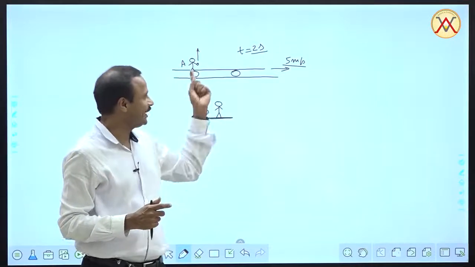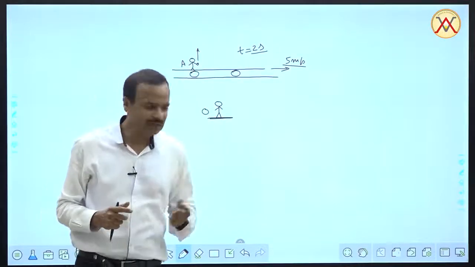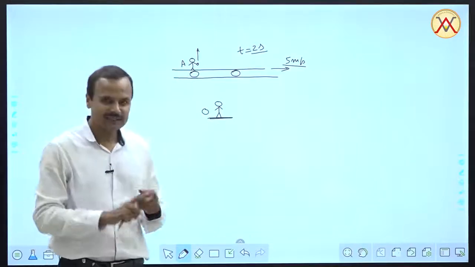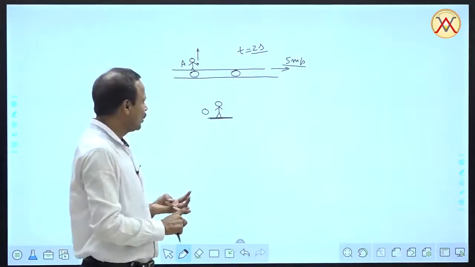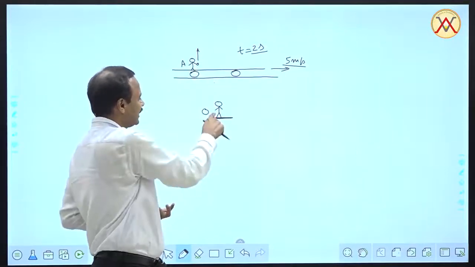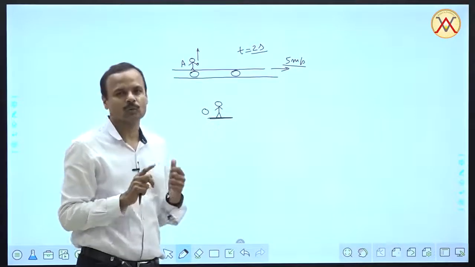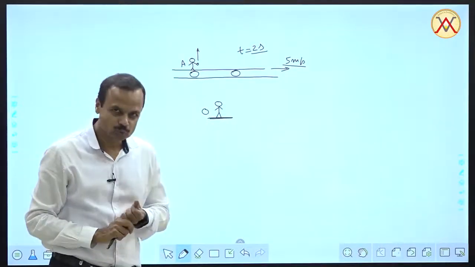One, what will be the path of this ball as seen by this person O on the ground. Secondly, the maximum height up to which the ball will go. Thirdly, where will person A catch the ball as seen by observer O. These three things we have to do.